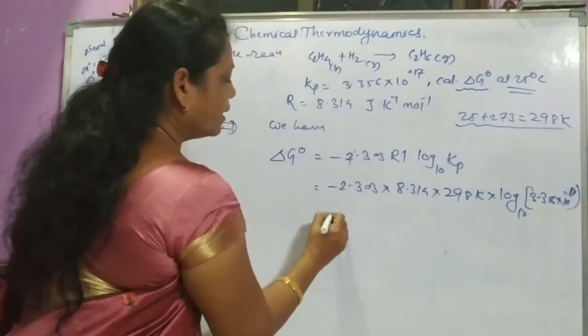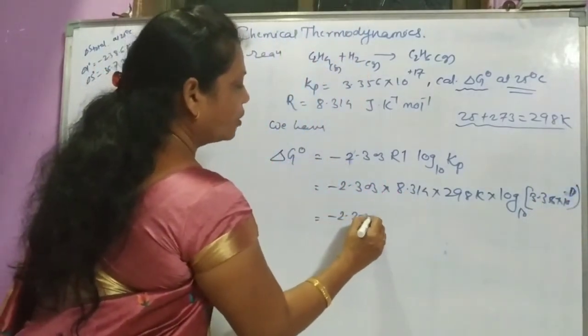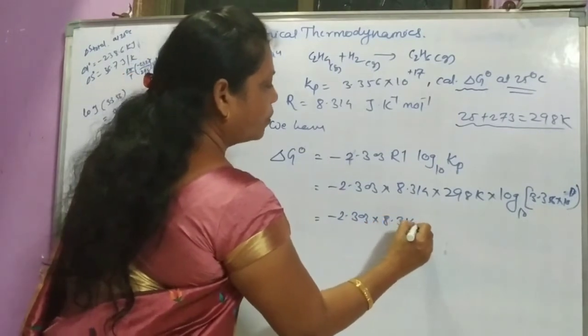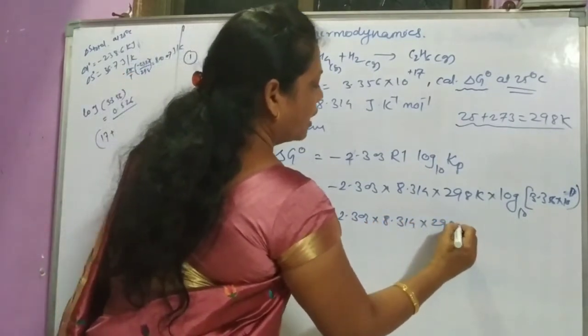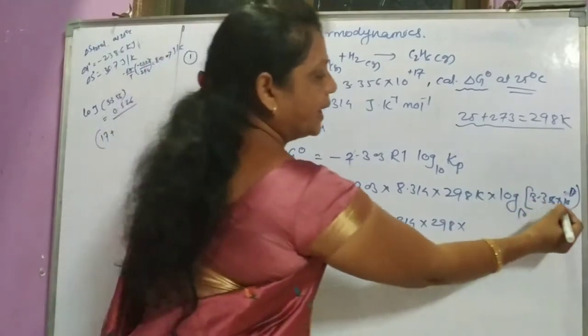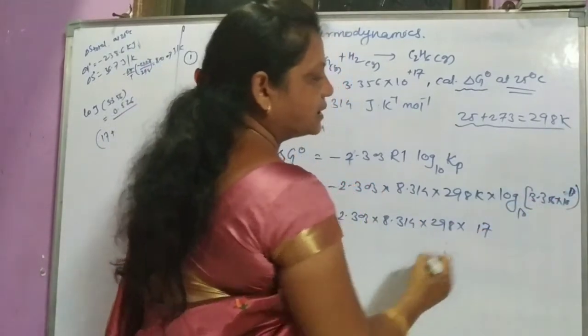So minus 2.303, 8.314, 298, multiplied by the log of 10 to the power 17, which means 17.